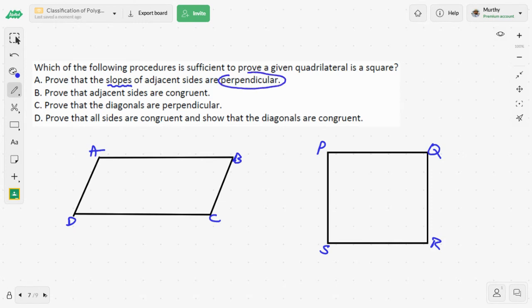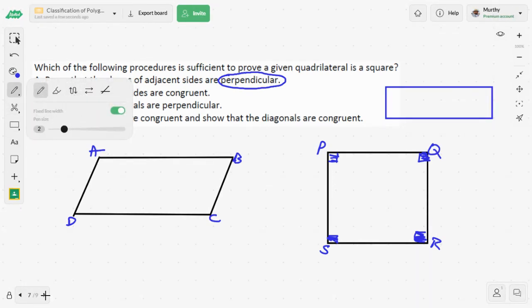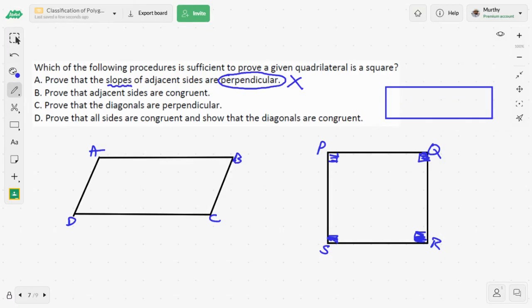Perpendicular means he's talking about the four corners being at 90. Not bad. If all the four corners are 90, can I call this a square? The answer is no, because it could be a rectangle also. Therefore, I would say no.